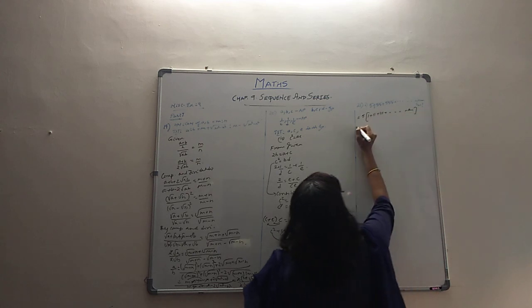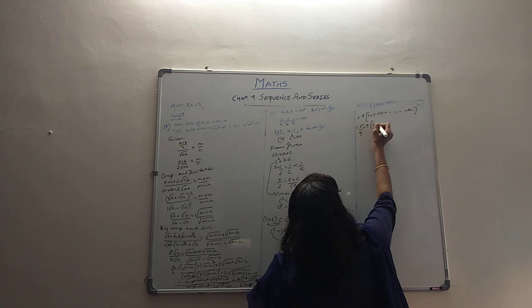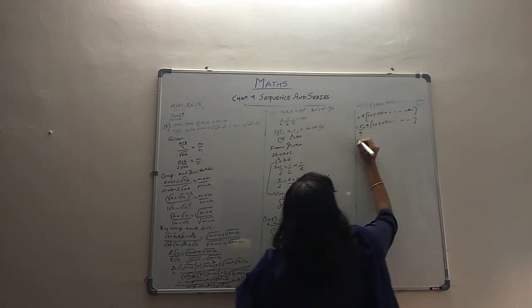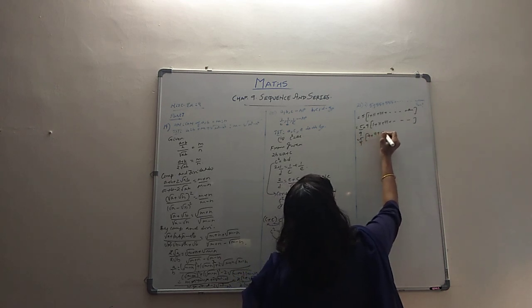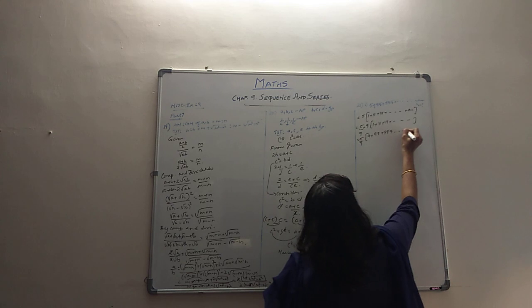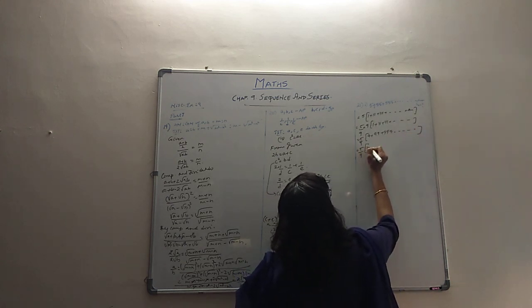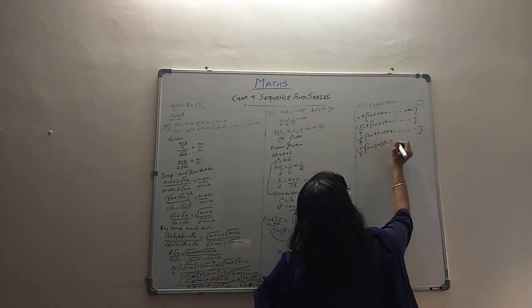Now, we will multiply and divide by 9 so that the value doesn't change, but it will help us achieve our purpose also. The 9 can be taken inside, so it will become 9 plus 99 plus 999 and so on. And when we look at this term, 9 is 10 minus 1. And this is 100 minus 1, which is 10 squared minus 1.